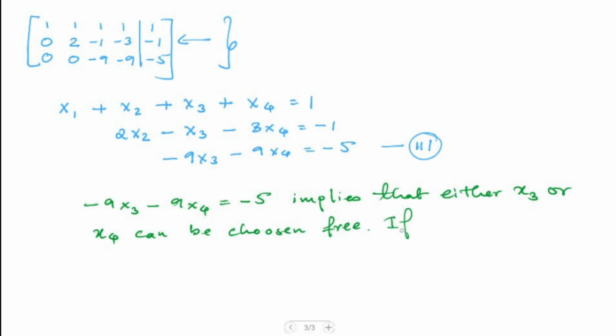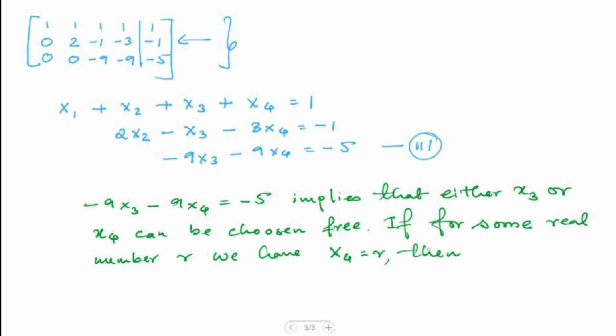If for some real number R we have x4 is equal to R, then we will have minus 9 times x3 minus 9 times, instead of x4, we're replacing it with R, and that will be equal to minus 5. So R is x4.